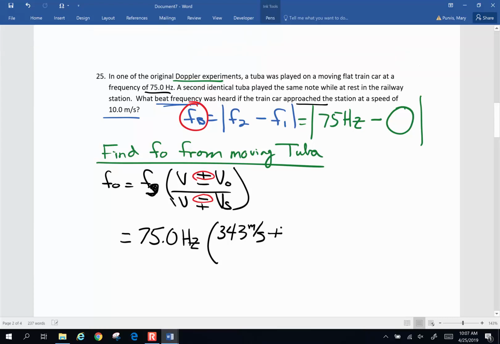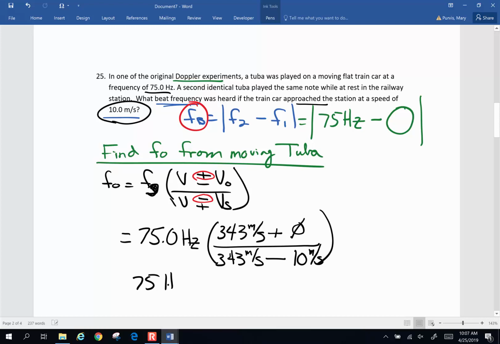So plus velocity of the observer. The observer is at the train station, that's going to be 0. Down below, 343 speed of sound minus the velocity of the source. The train is moving towards us at 10 meters per second. So 75 hertz, our fraction, 343. Down below, 333. These are each meters per second.